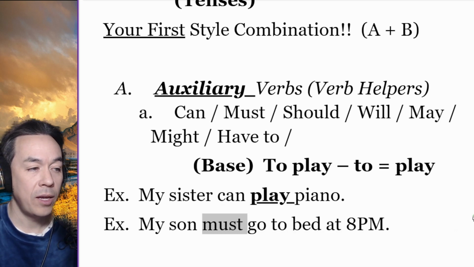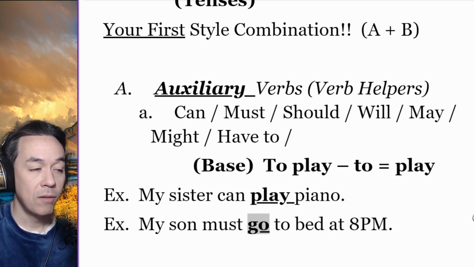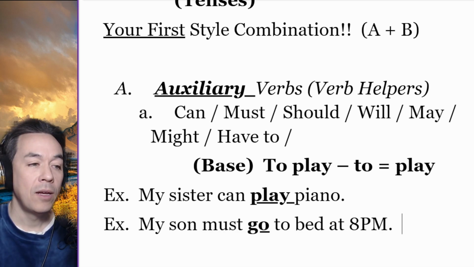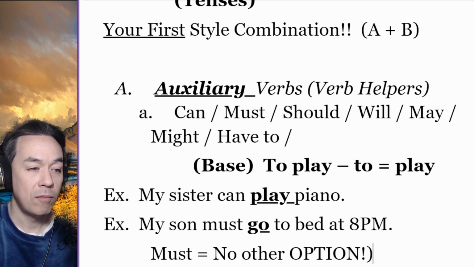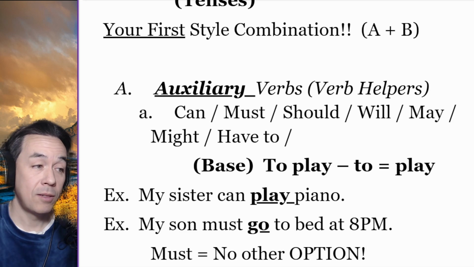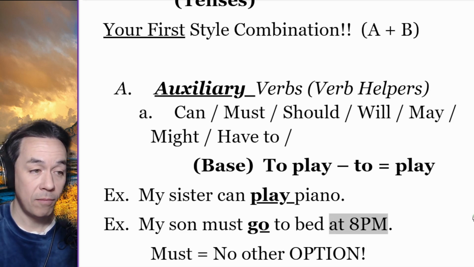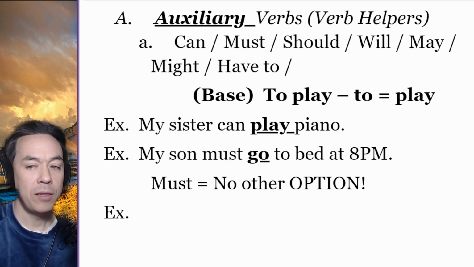But when the can or must is there, then this is the base version. Must go. Right? And must means no other option. Like only this. There's no other option. It's 8 p.m. only. That's it. Right? That's review. That should be in the other video.